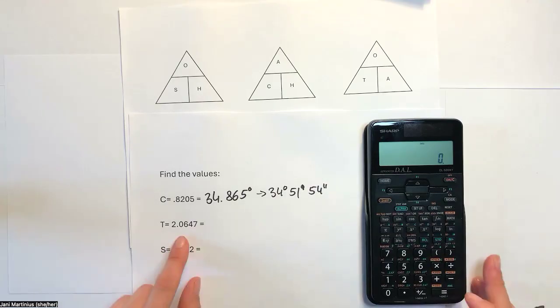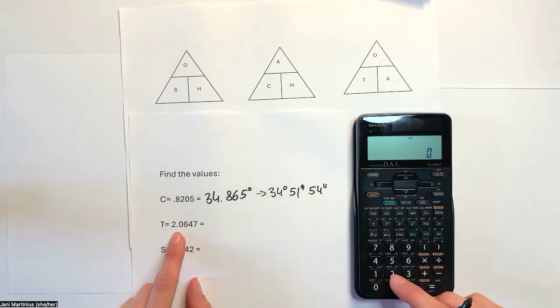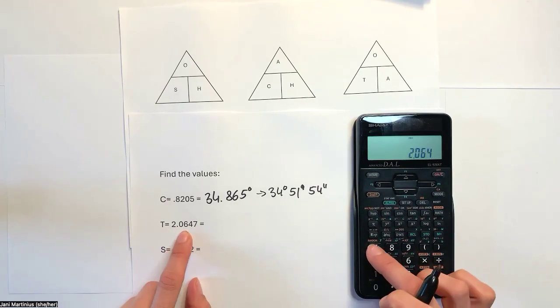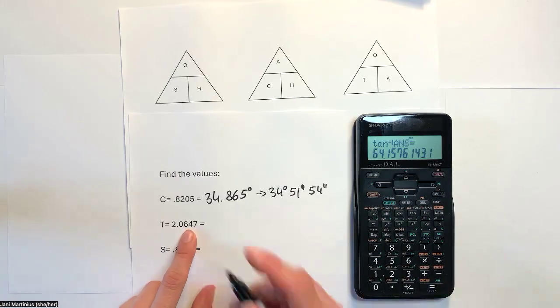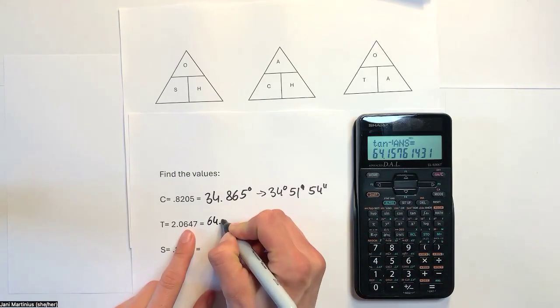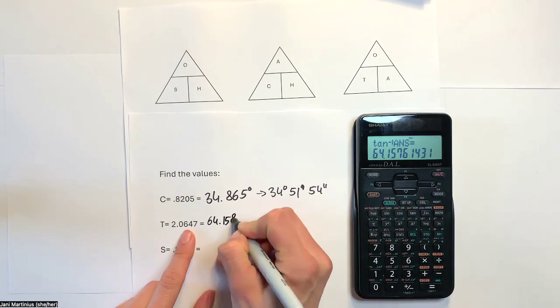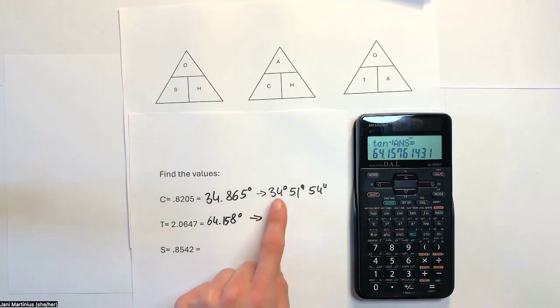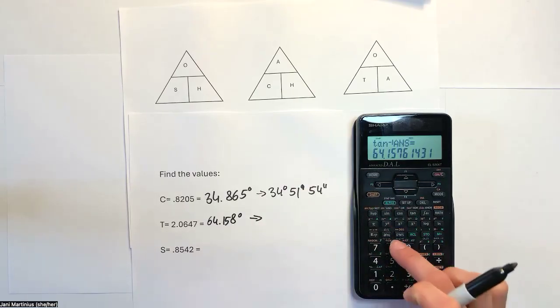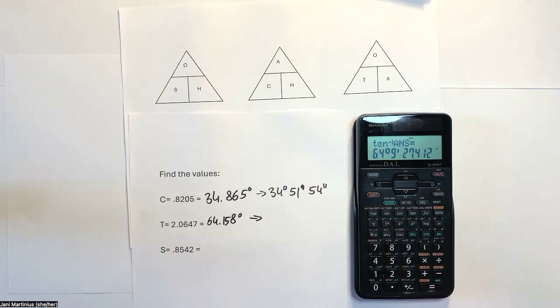Okay, let's try the next one. We have tangent, so 2.0647. Enter button on mine. Second function, tangent, gives us 64.158 degrees. And turning it into degrees, minutes, and seconds, second function and the DMS button. Here we go.